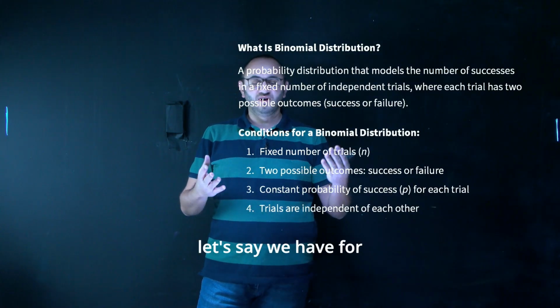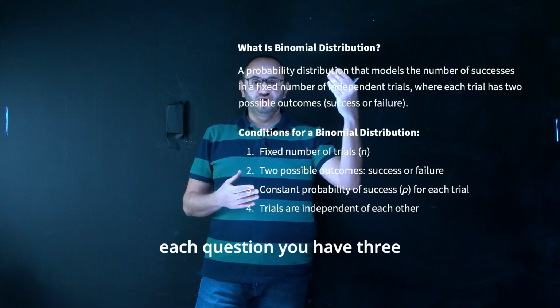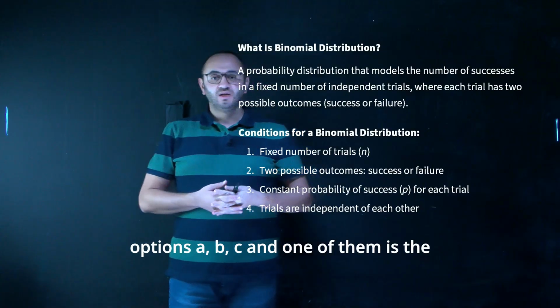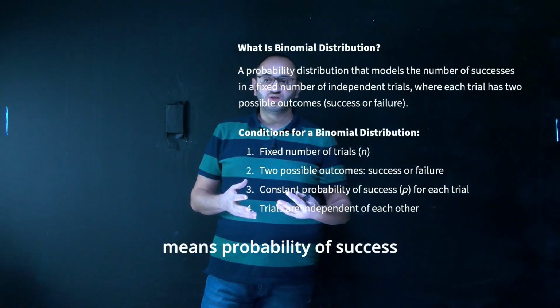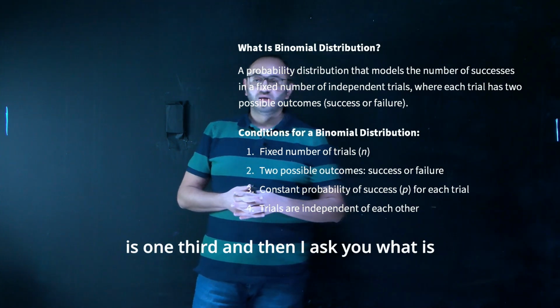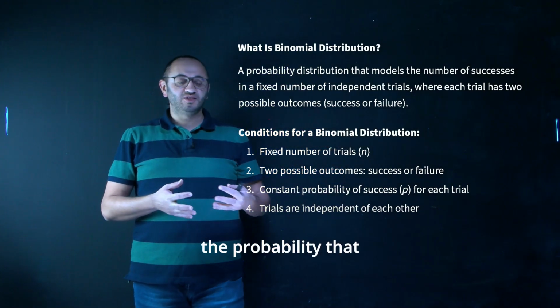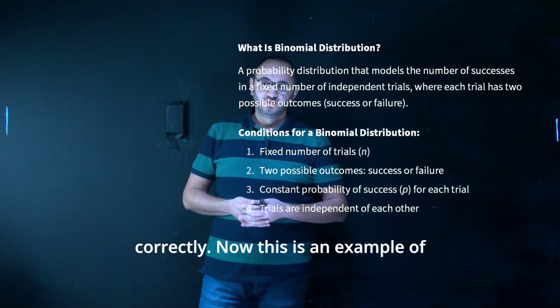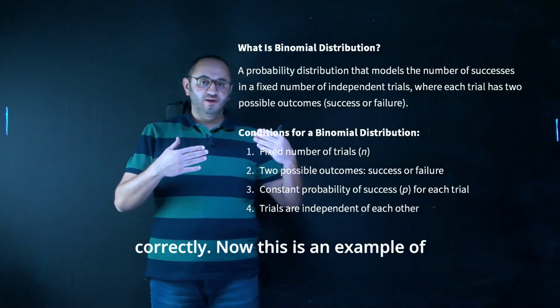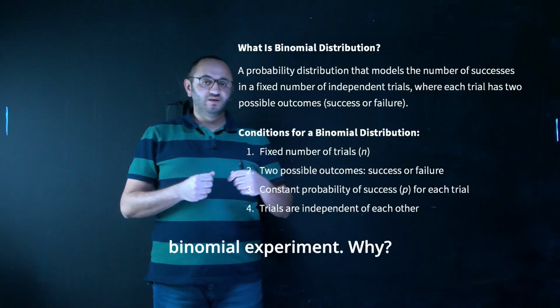Let's say for each question you have 3 options, A, B, C, and one of them is the correct answer. So this means the probability of success is 1/3. And then I ask you, what is the probability that you answer 7 questions correctly? Now, this is an example of a binomial experiment.